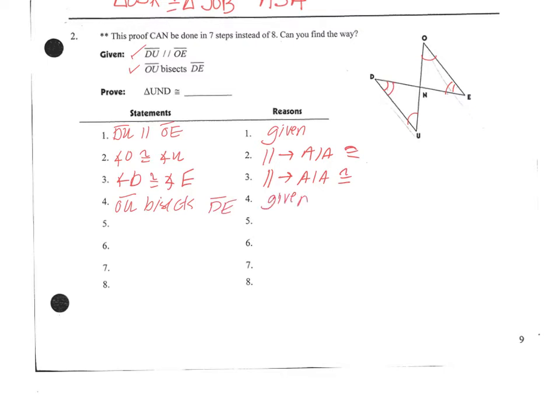But then from that information, we can pull out that if that's a bisector, then what must be true is that N is the midpoint of segment DE, and that would be the definition of a segment bisector.